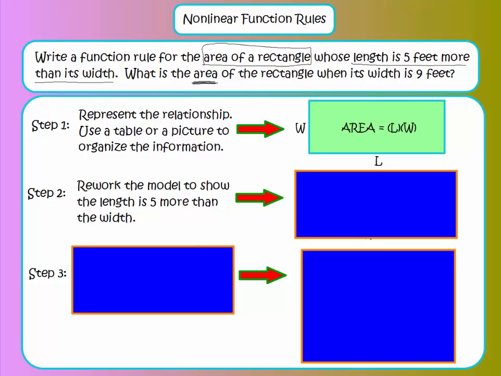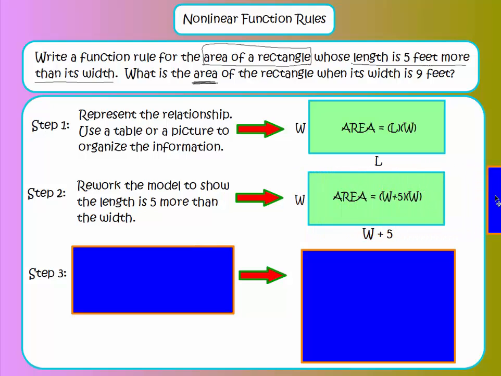So instead of having the length now, we have the width, and everywhere that we had the length before, we're going to replace that with the width plus 5, w plus 5, because the length is 5 feet more than the width.